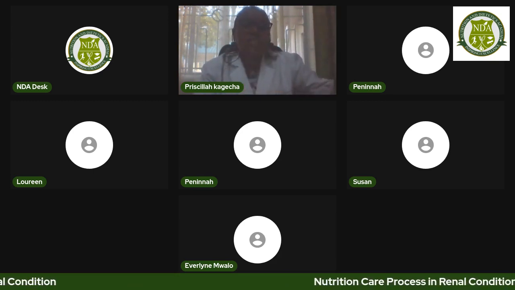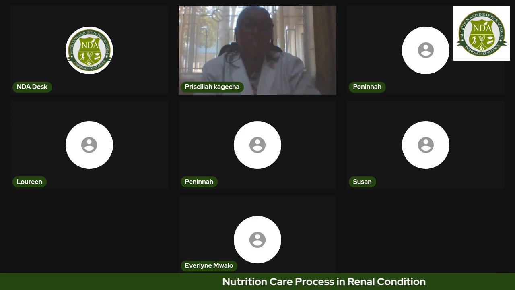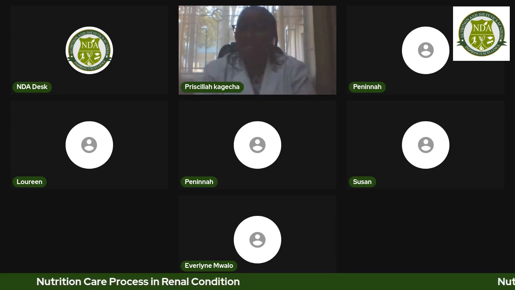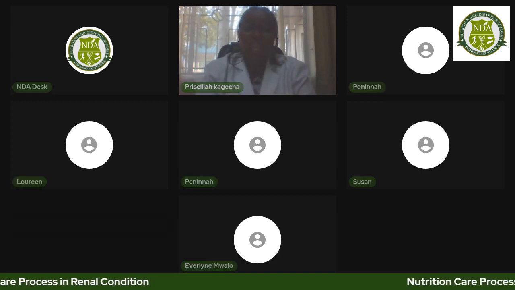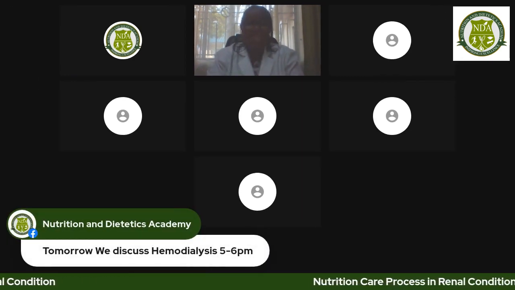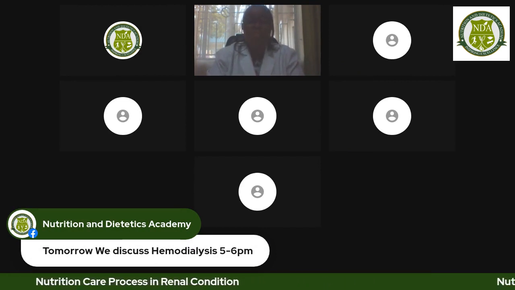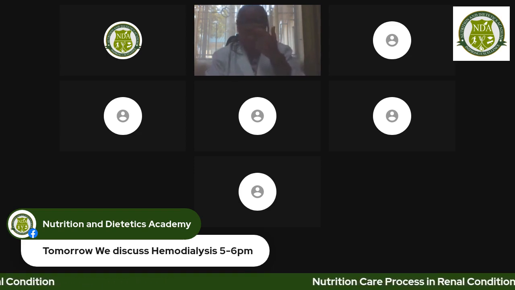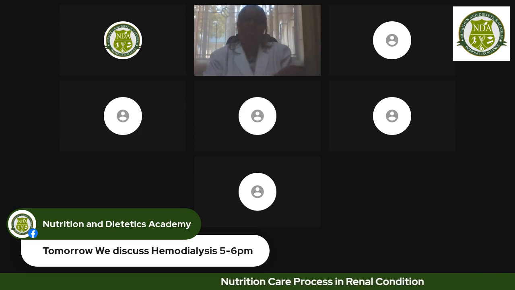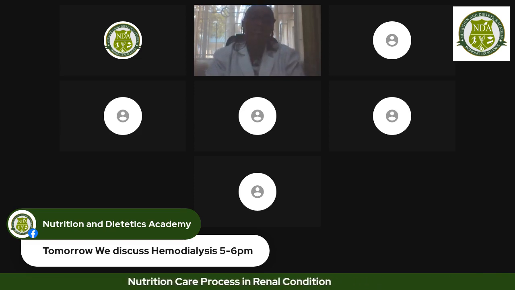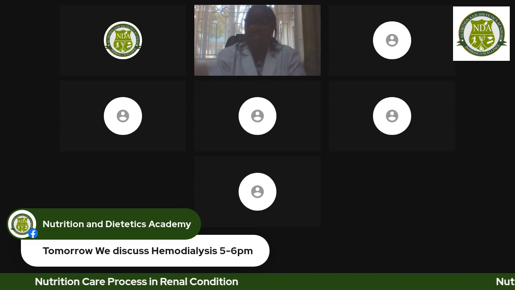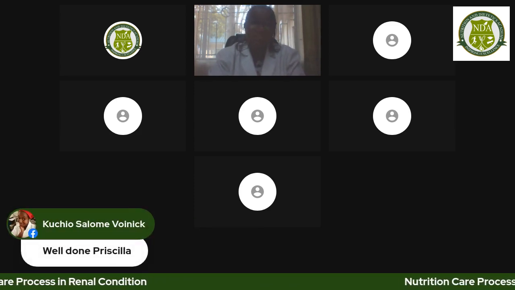We need other team members to come in to take care of this patient. So for intervention, we need coordination of the care, plus also the relatives. They may want to be given the nutrition education, nutrition counseling, and the food and nutrient delivery. So those are the major 4 components in intervention.